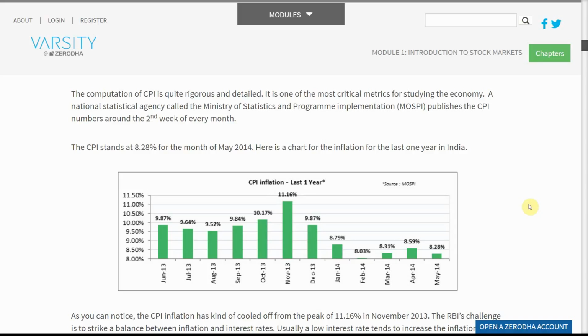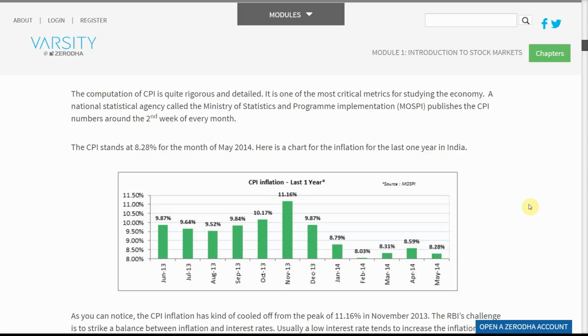A national statistical agency called the Ministry of Statistics and Program Implementation (MOSPI) publishes the CPI numbers around the second week of every month. The CPI stands at 8.28% for the month of May 2014. Here is a chart for the inflation for the last 1 year in India.